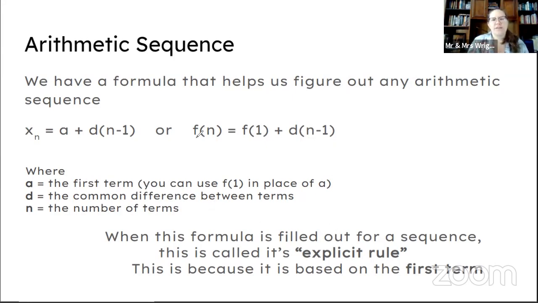Now, when you have this formula filled out for an arithmetic sequence, it has a special name. It's called the explicit rule, and it is based on the first term. So you include right here the first term, f of 1. So this is the explicit rule.